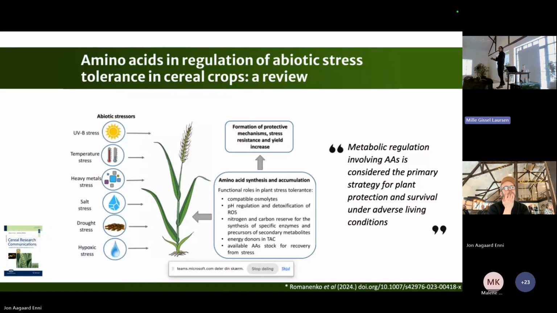So they also help with stress as well as help to build protein and yield, et cetera. Metabolic regulation involving amino acids is considered the primary strategy for plant protection and survival living under adverse conditions. So amino acids are key to helping plants reduce stress. So I would add the caveat that I think that's part of that benefit that we saw there as well.